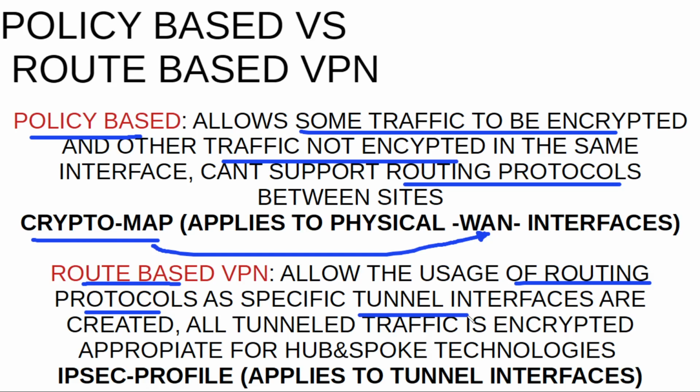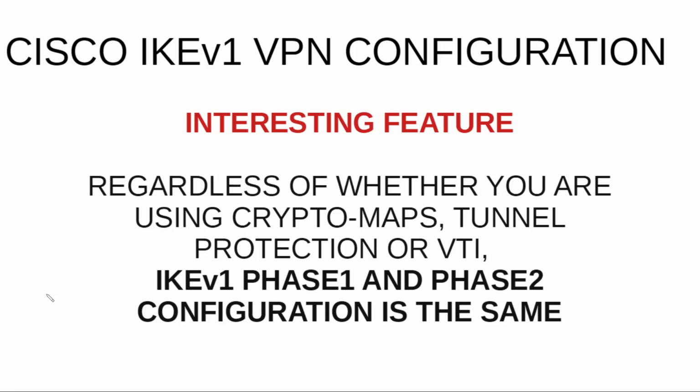So we are going to have tunnels protected by IPsec, and then we can attach these tunnel interfaces to specific routing protocols. We have, for instance, IPsec profiles as examples of Cisco route-based VPNs. So let's go and configure these VPNs. Remember that regardless of the VPNs that you are choosing, the phase 1 and phase 2 configuration remains the same.